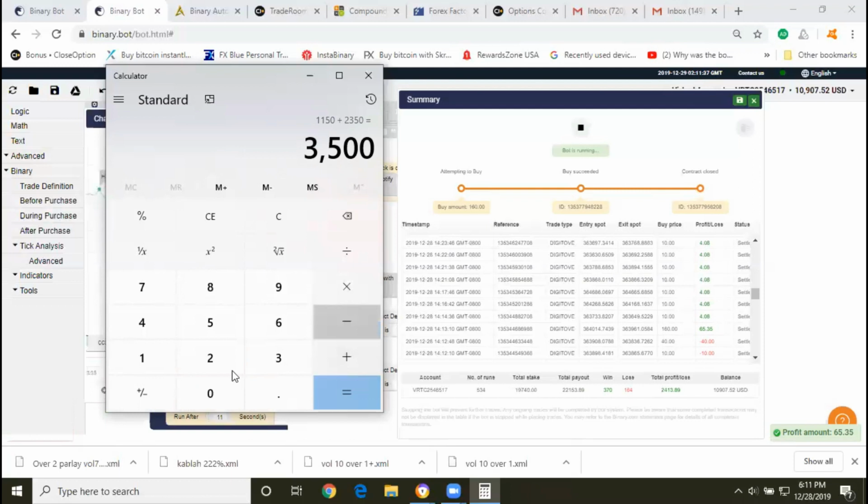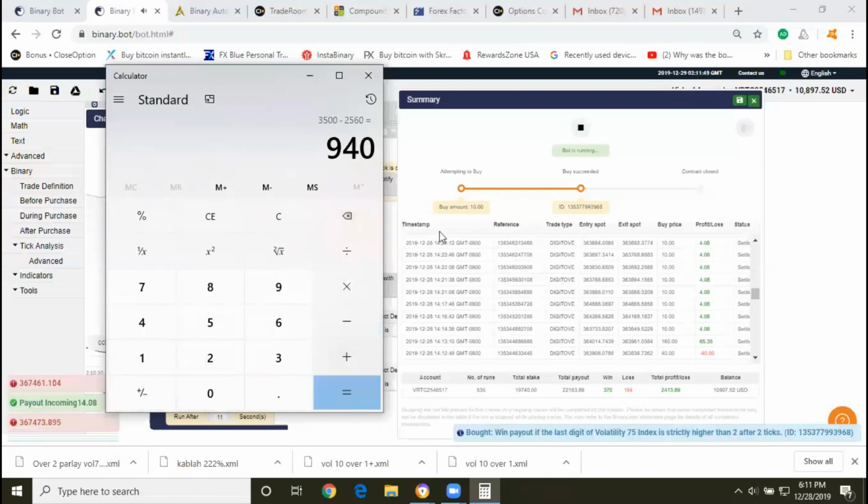So the fourth level loss would be 2,560. That would be a trade, and that'd be my leftover balance. But I would have had enough right now to take a fourth level trade, and it would cover me.